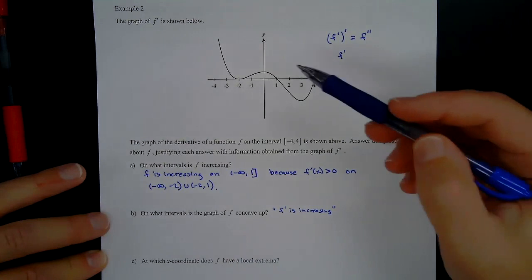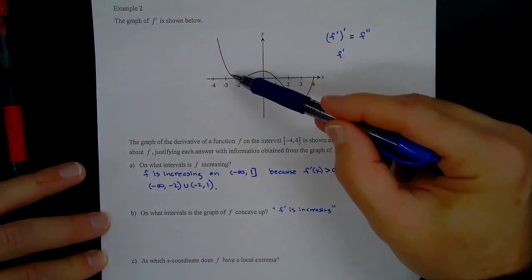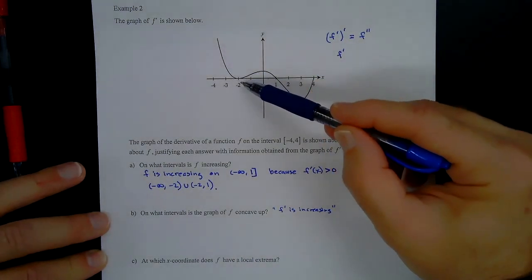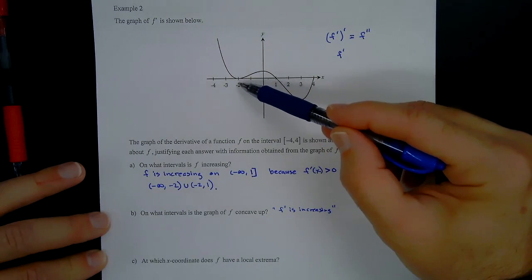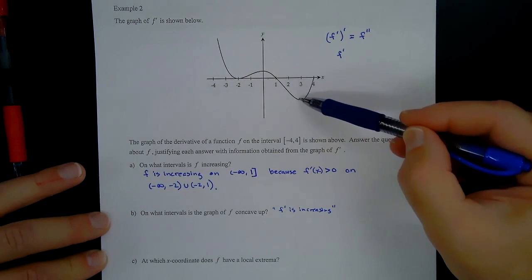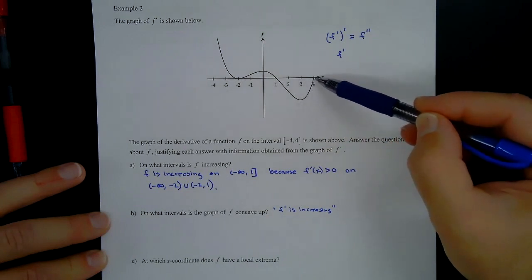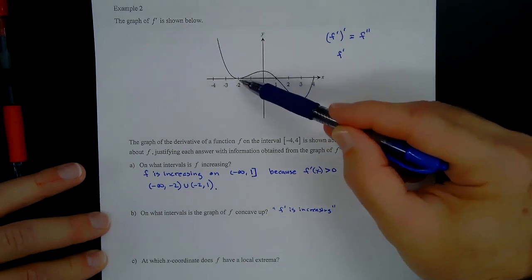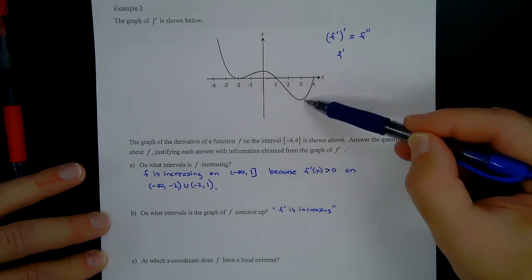So where is it increasing? Well, f prime is not increasing here. It is increasing from -2 to 0, and then from 3 to 4. So it's increasing right in here, and it's increasing right in here.